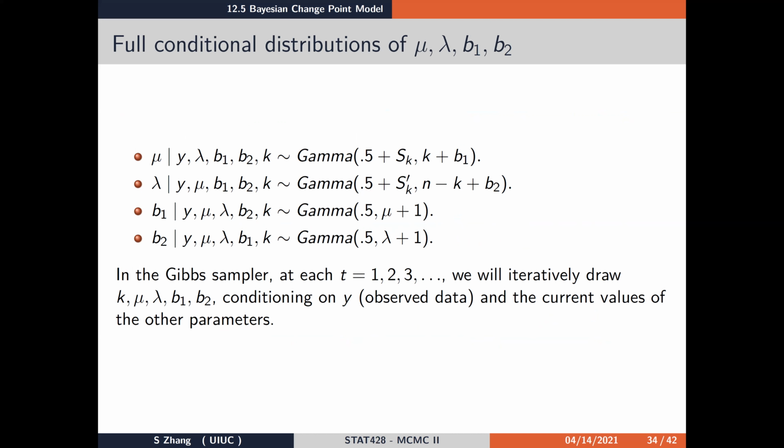Lambda is also going to have a conditional distribution that's gamma with shape 0.5 plus sk prime and rate n minus k plus b2. b1 and b2 will also have gamma conditional distributions with shape 0.5 and rates of mu plus 1 and lambda plus 1 respectively. In the Gibbs sampler, at each iteration, we will iteratively draw k, mu, lambda, b1, and b2, conditioning on the observed data y and the current values of the other parameters.